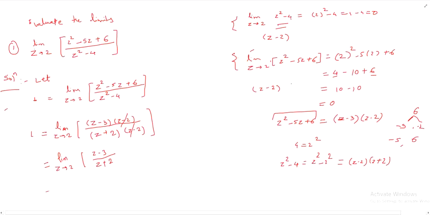Substituting the value of z, we get (2 minus 3) upon (2 plus 2), that is minus 1 by 4. Hence finally L, our required limit, is minus 1 by 4. So this is how to evaluate the limit by using the factorization method.